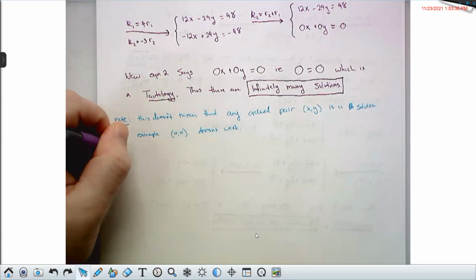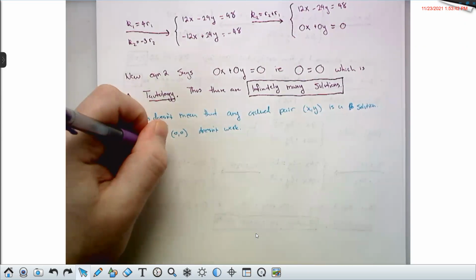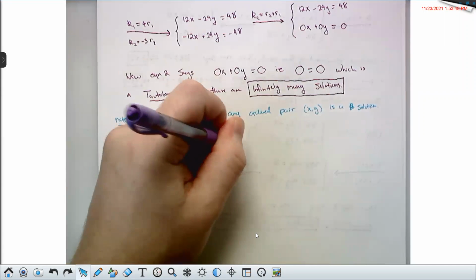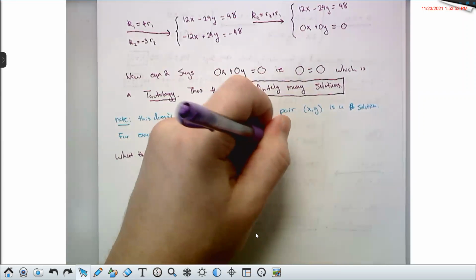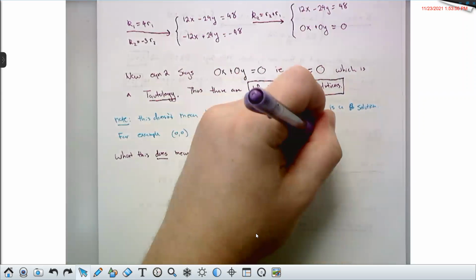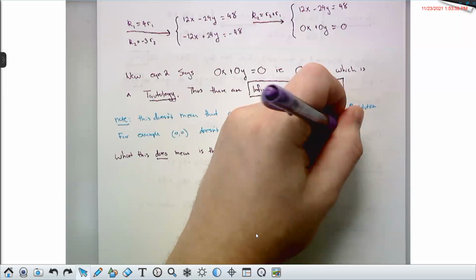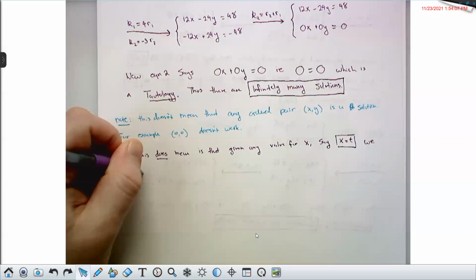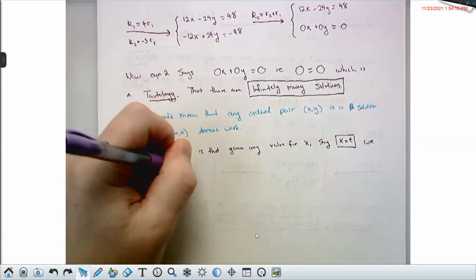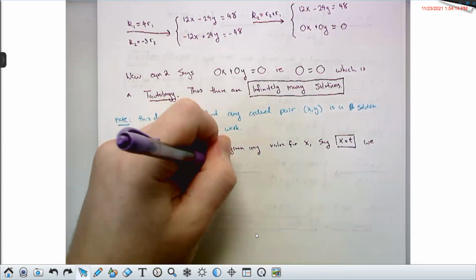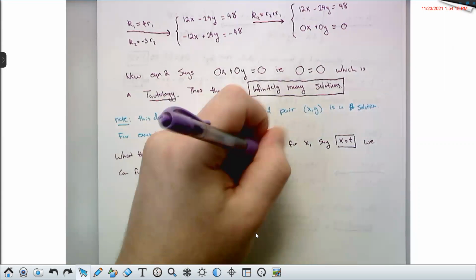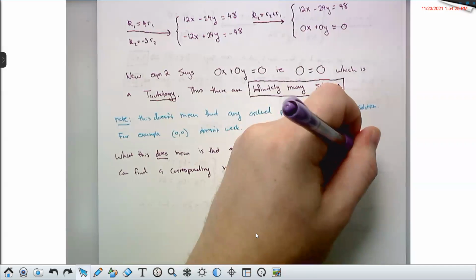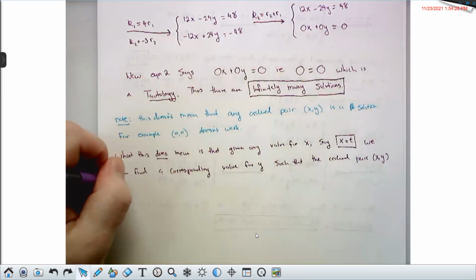What this does mean is that given any value for X, say X equals T, we can find a corresponding value for Y such that the ordered pair (X, Y) is a solution.